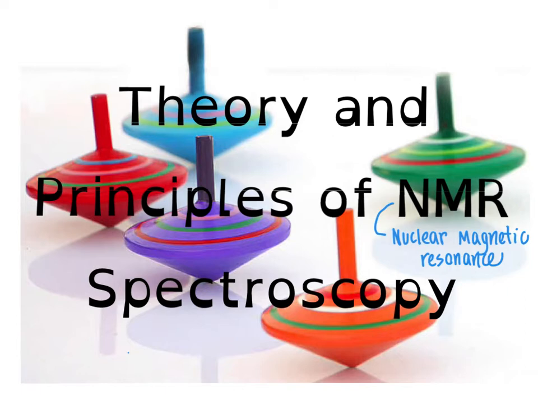So what enables atomic nuclei to have multiple spin states, and how can we use those multiple spin states in order to determine information about the structures of molecules? Let's dive into that. So we use the term spin states to refer to the fact that some nuclei can rotate differently, clockwise versus counterclockwise, for example, about the axis of that nucleus.